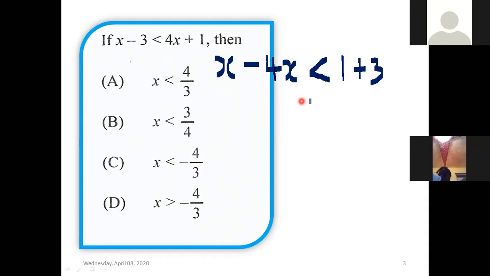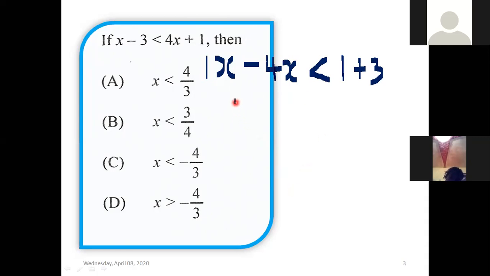After you work out this part, the x minus 4x, so x less than... No, hold on. When you work out this part, 1 goes there, doesn't it?